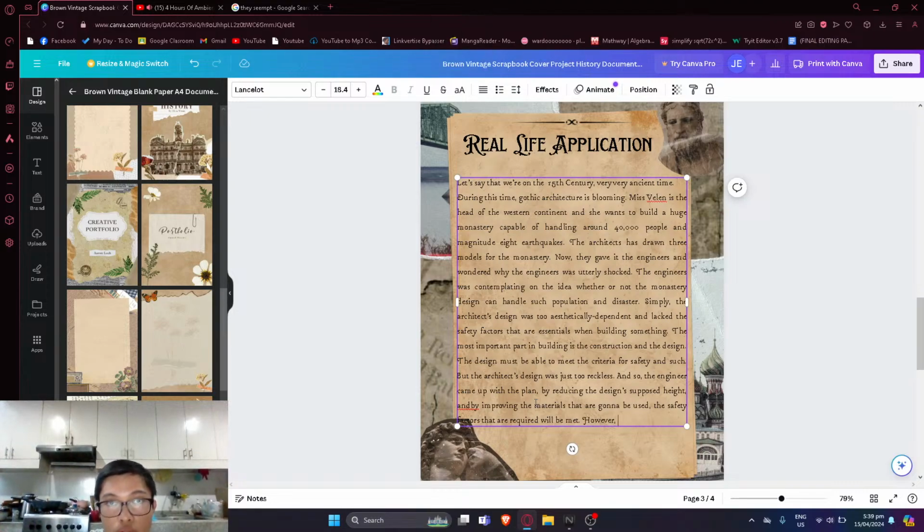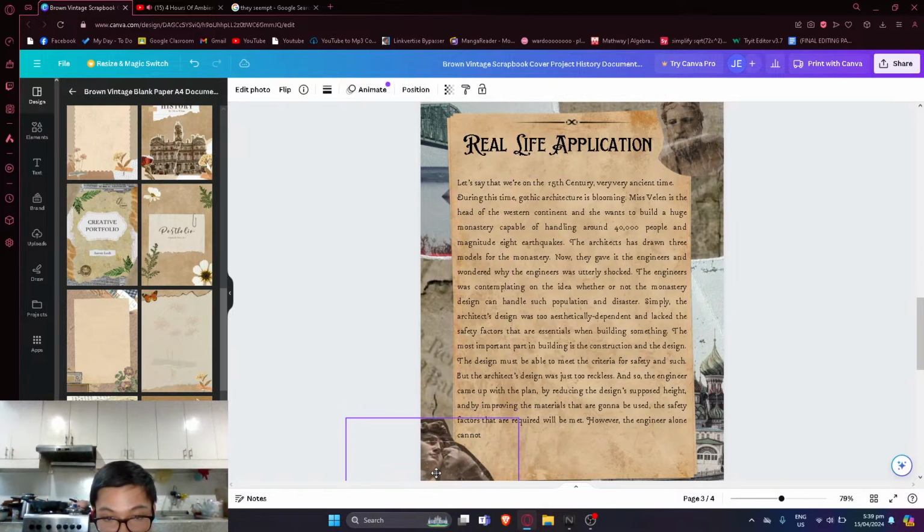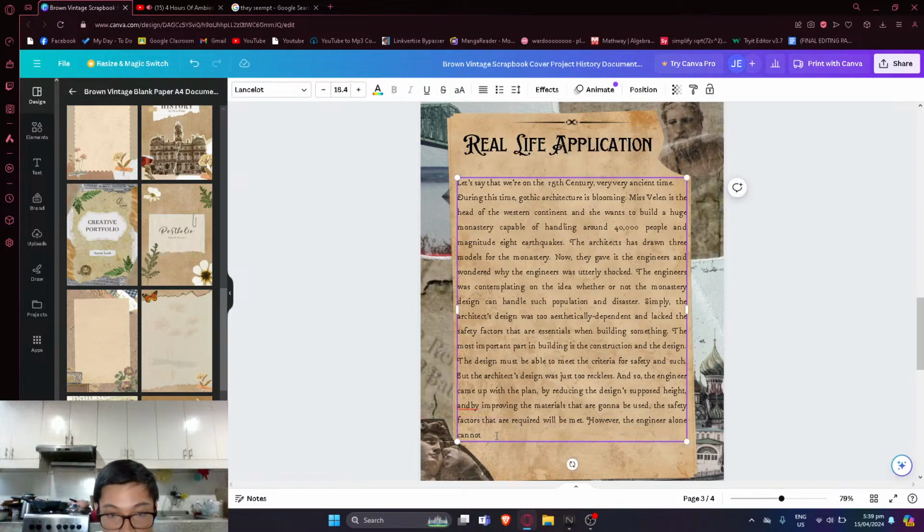However, the engineer alone cannot determine the height limit for the monastery to be safe.